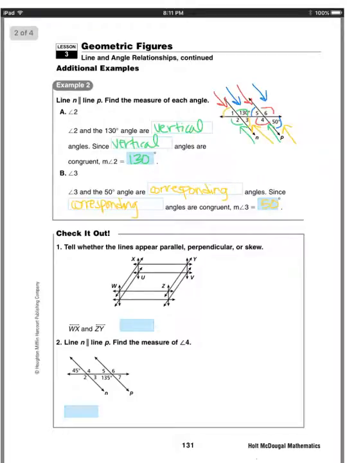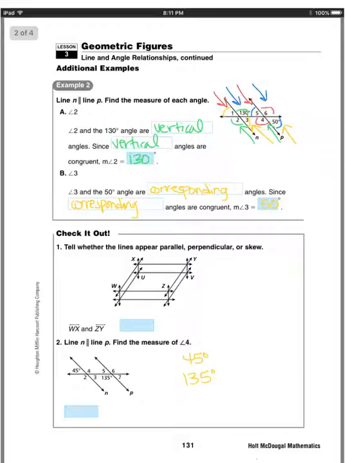Okay? And we're actually going to look at number 2 on the Check It Out together. Anytime you are given a transversal with 2 degrees, so on this one we have 45 degrees and 135 degrees, every single angle is either going to be 45 degrees or 135 degrees. That's just the way it works.